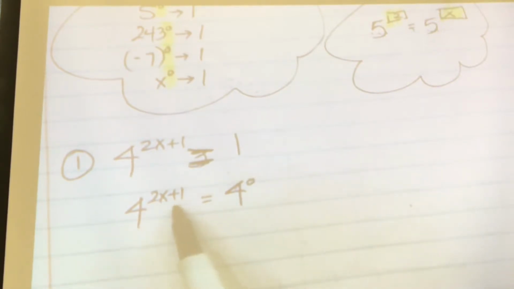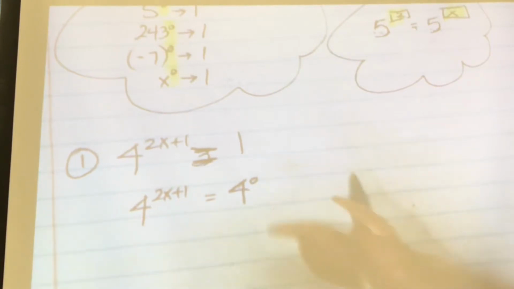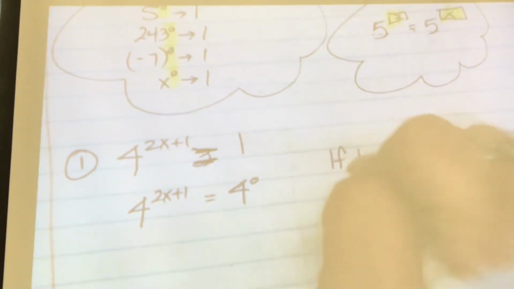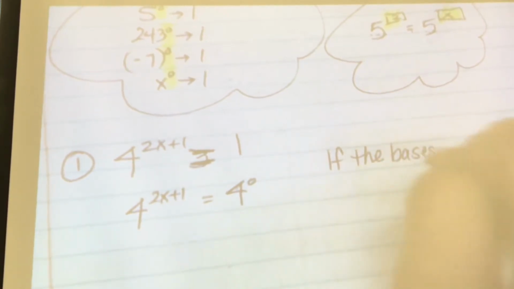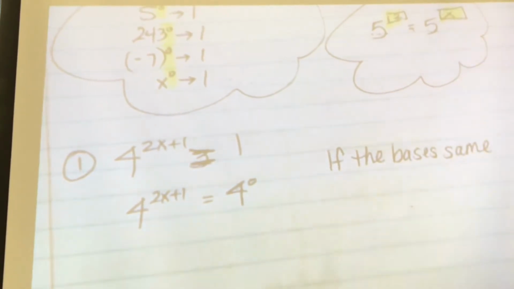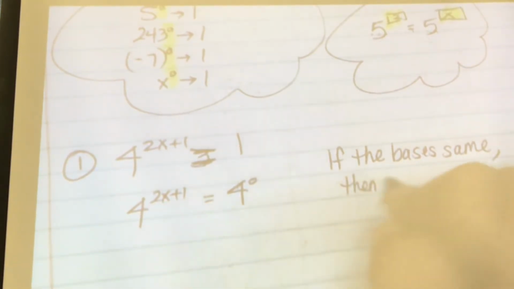And this says 4 to the 2x plus 1. This says 4 to the 0. Does everybody see how the two bases are the same? Well, if the two bases are the same, then the exponents have to be the same. Write that down, please. If the bases are the same, then the exponents have to be the same.